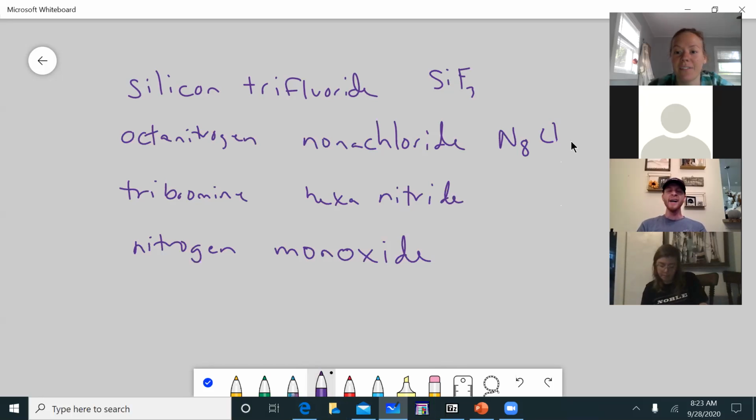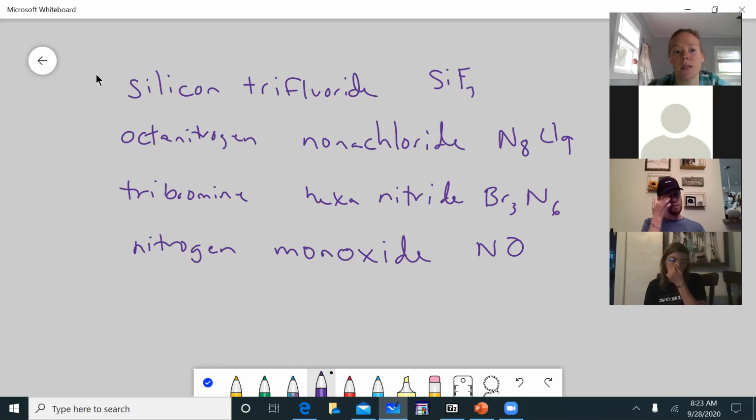We have 9 of them. Tribromine, so bromine with a 3, nitrogen with a 6. Again, we don't reduce these. So if this was a metal, non-metal, we'd reduce it to 1 and 2. We're not going to do that here. Nitrogen monoxide is just going to be NO.